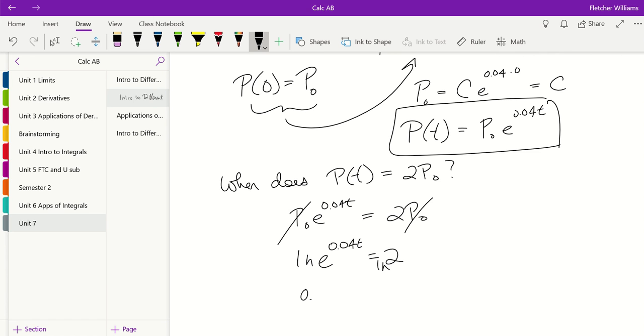So you get 0.04t equals the natural log of 2. So t would just be ln 2 over 0.04, which is about 17.33 years.